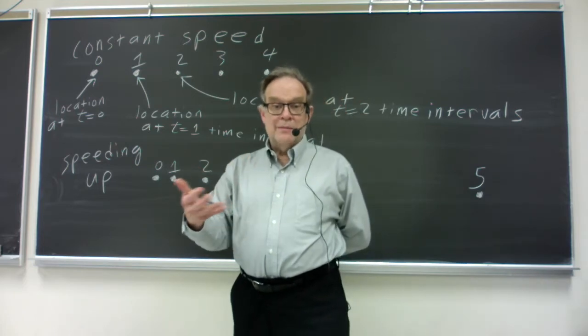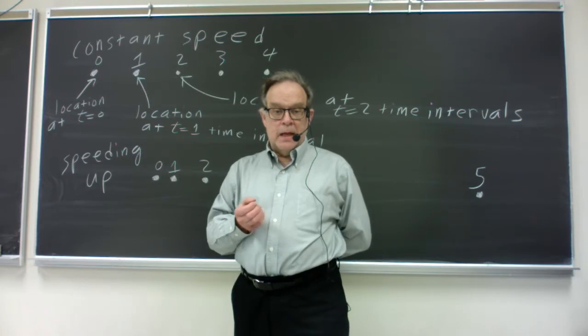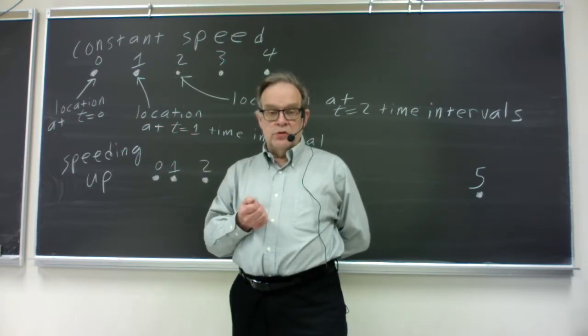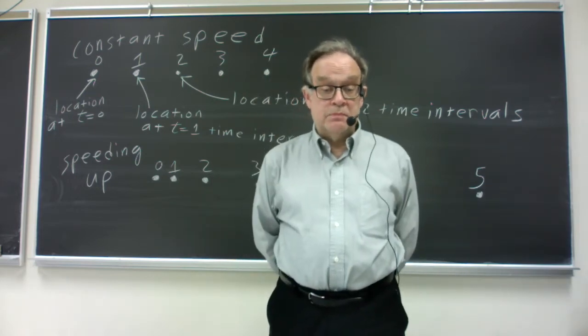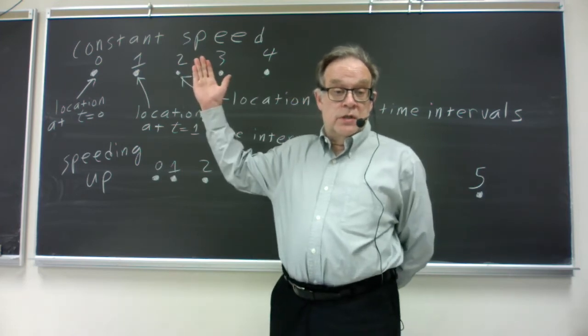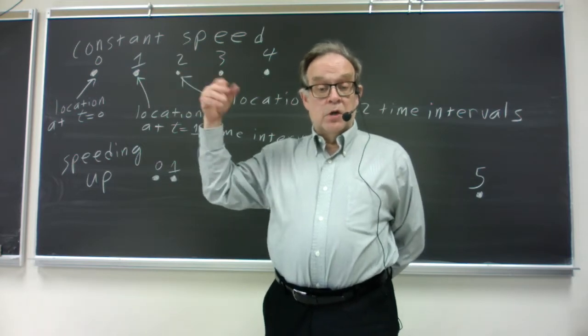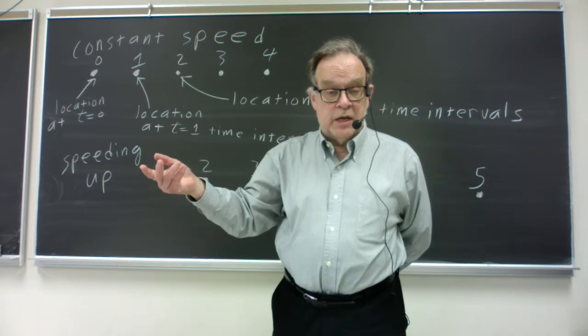There are three basic types of motion diagram, and any complicated kind of motion will be described by some combination of those basic three types. One type of motion diagram illustrates constant speed, always moving the same distance in the same length of time.